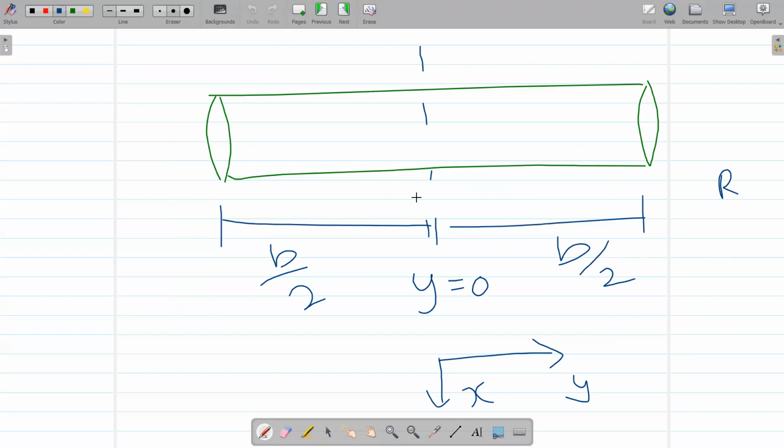So let me write that down. On the right side, my equation is gamma naught into 1 minus 2y by b. So basically, if my y equal to 0, my circulation value is gamma naught. If I were to plot this, it looks something like this. So this is my y-axis.